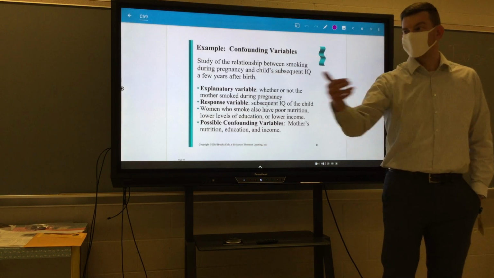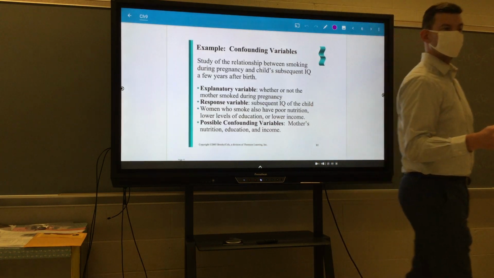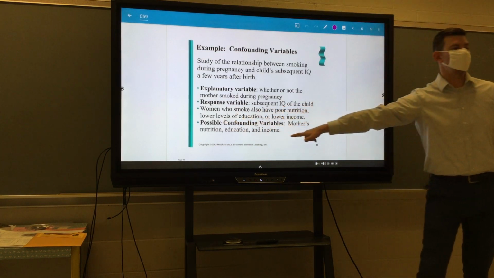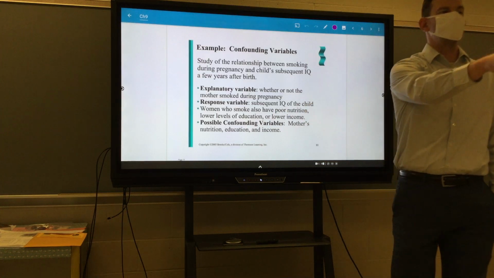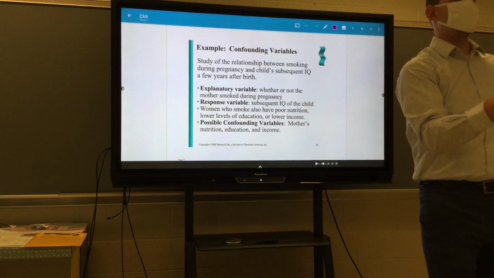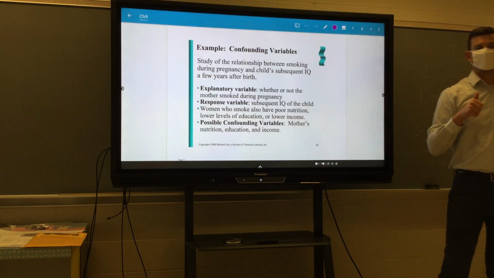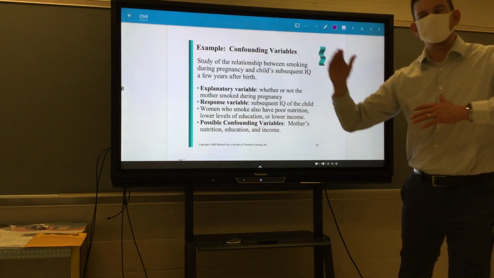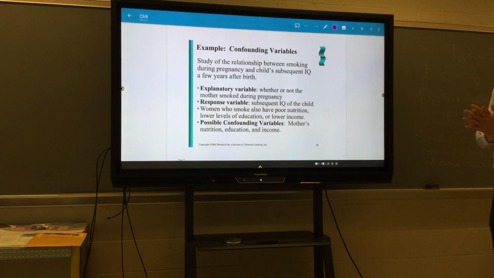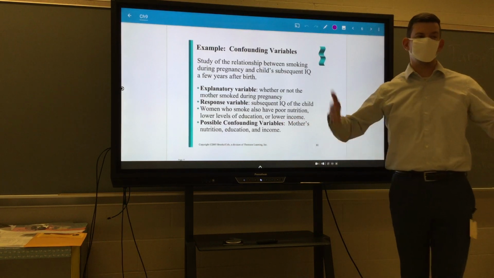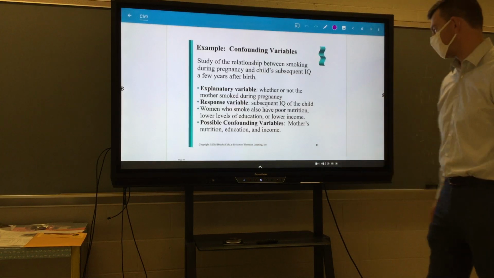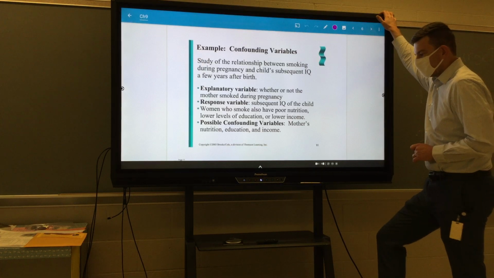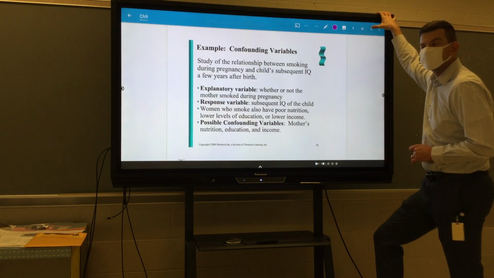If the mother has poor nutrition, the baby's probably going to have poor nutrition as well. Maybe not valuing education as much, so that IQ in those first few years might not be as high, or as incentivized to get that IQ as high as possible. And we know that income can have a lot of influences all over the board. So those confounding variables cannot really be accounted for in an observational study.